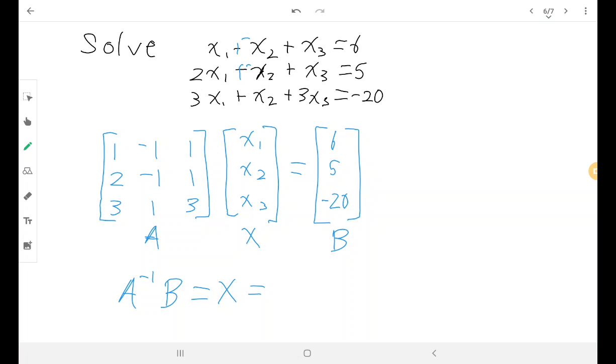And then for matrix B, we've got 6, 5, and -20. And if I do A inverse times B, I get -1 and -9.5 and -2.5. And that is my x1, x2, and x3.